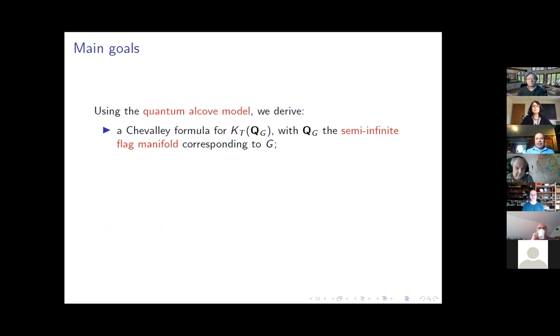So now, for the purposes of this talk, I will use a generalization of the alcove model called the quantum alcove model. And here are the things that I want to talk about, which can all be done with this combinatorial model. So first, we'll talk about the Chevalley formula for the T-equivariant K theory of the semi-infinite flag manifold, denoted QG, corresponding to G. So this is sort of an affine version of the finite flag manifold, but it's a non-standard affine version.